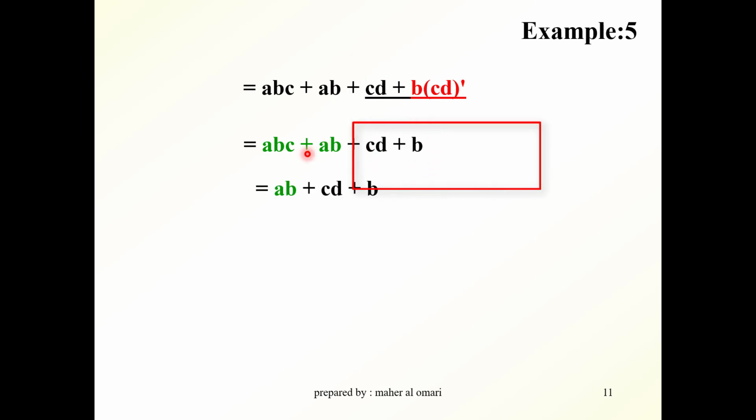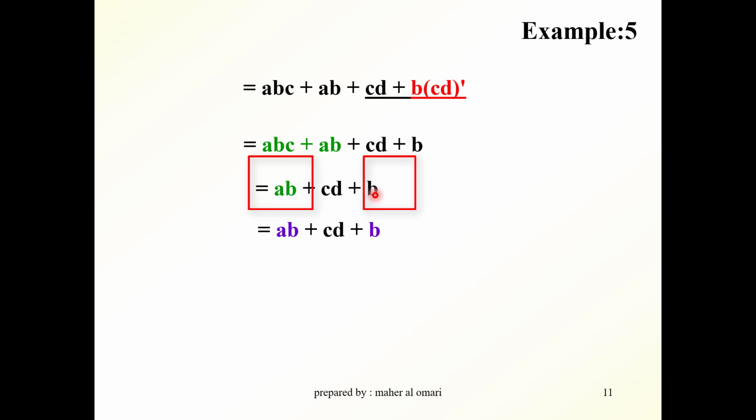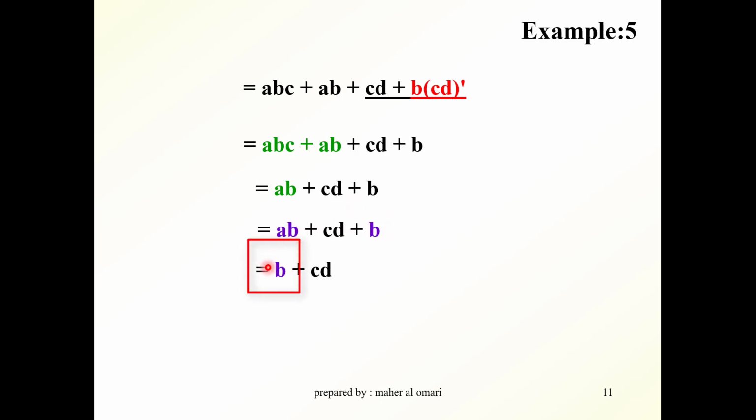Now if we take these two terms together, we are left with AB. And this is CD and this is B. Now let's take these two terms together, the B and the AB, they will lead to this. And this is the final answer.